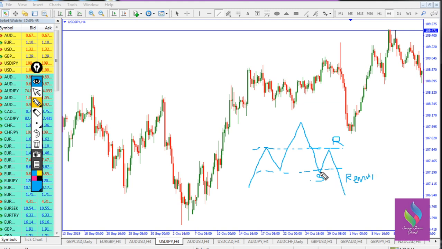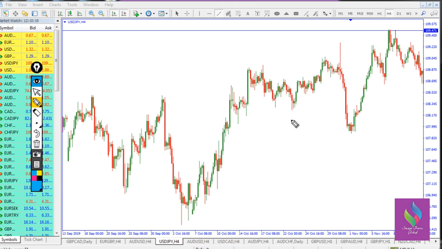You have a support line touching here, a resistance line around this area, and you want continuity of the move from here. You want the resume of the next movement in the market. These are what you look for in the market, and let's interpret this on the chart.